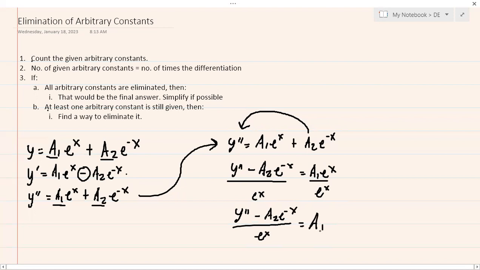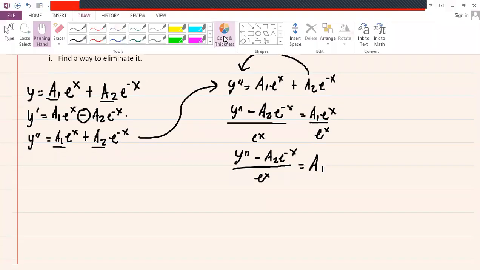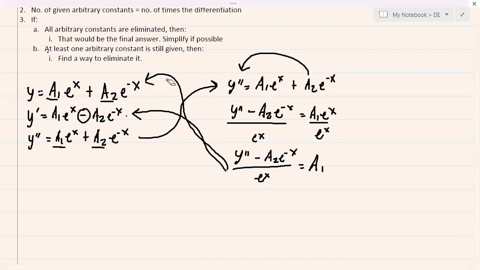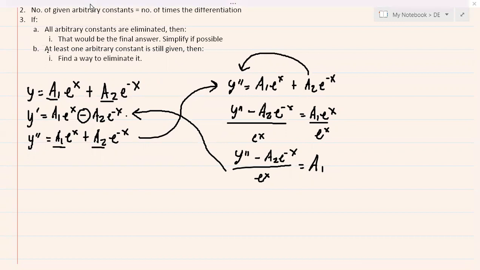Okay, so now what I can do here is substitute a sub 1 into my second equation, which is y prime. Or, if you want, try substituting it into y. You can do it anywhere. Okay? For me, I'll substitute it to the second equation, which is the one with y prime.